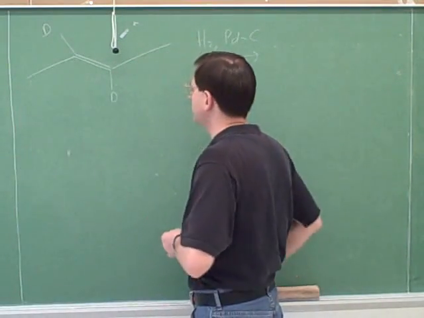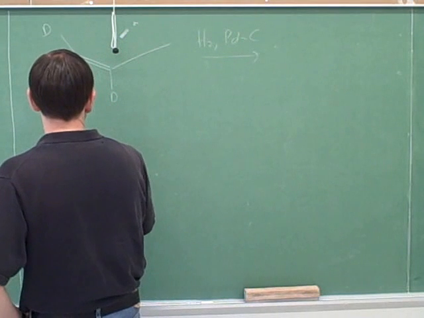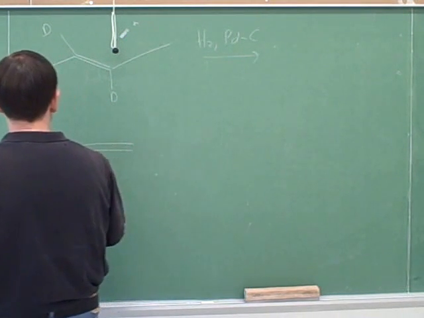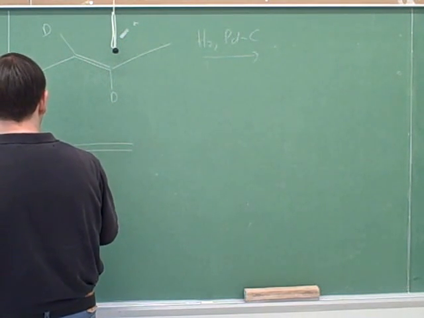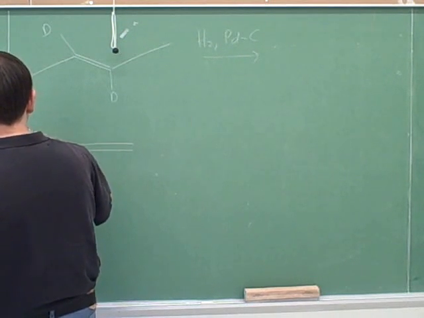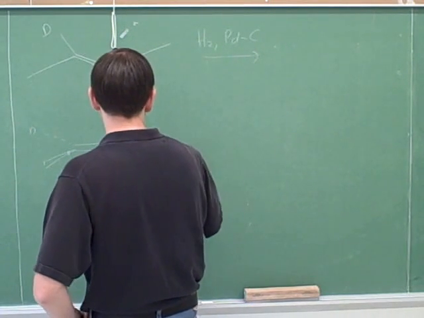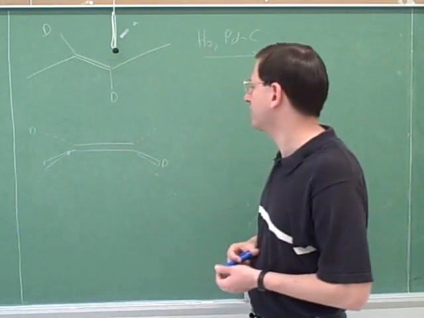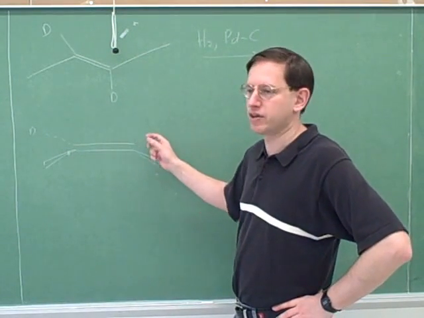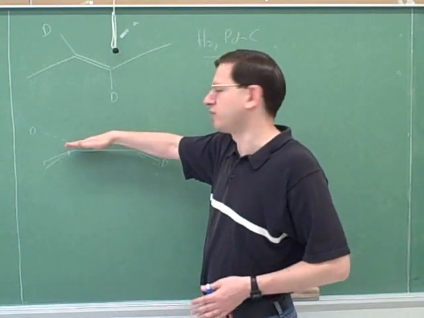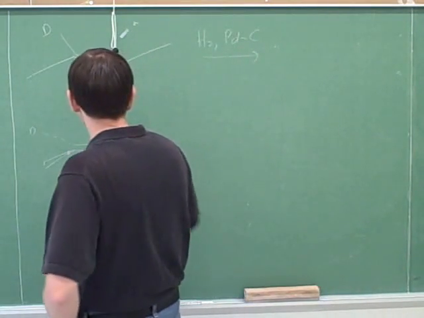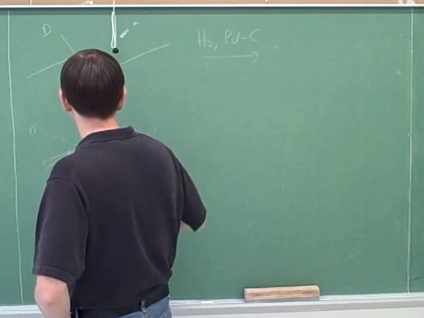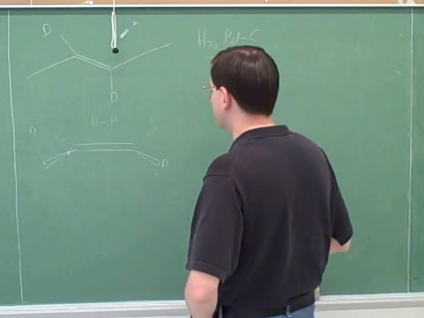Now, for me, the best way to do this, I think we saw this trick last time. For me, the best trick is to redraw this as if the double bond was like this, and then you can show the hydrogens coming in from above or from below.